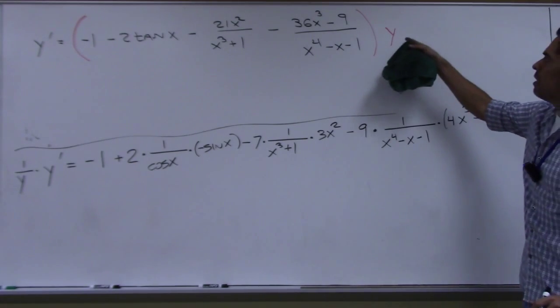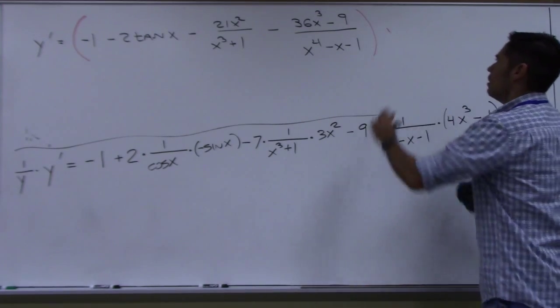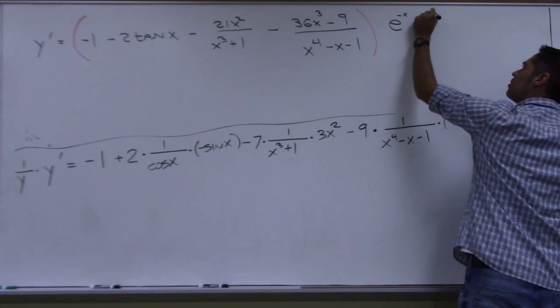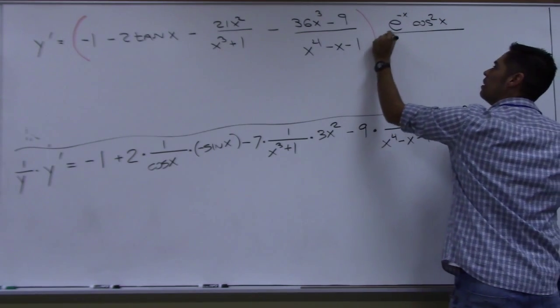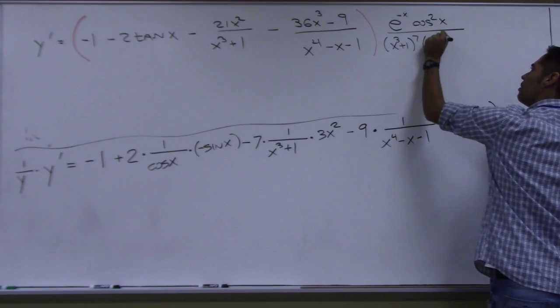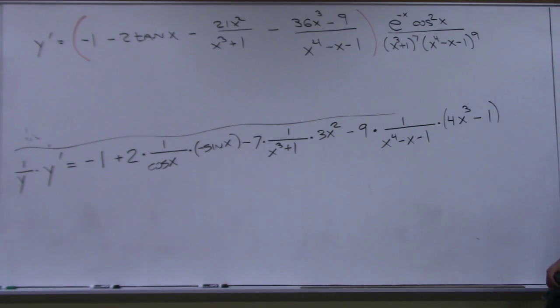So instead of putting a y here, I'm actually going to put e to the negative x times cosine squared x over x cubed plus 3 to the 7th times x to the 4th minus x minus 1 to the 9th. That's y, right? That's your derivative.